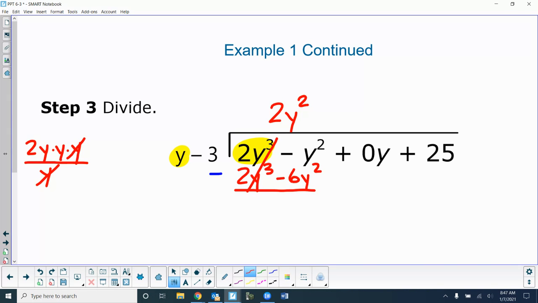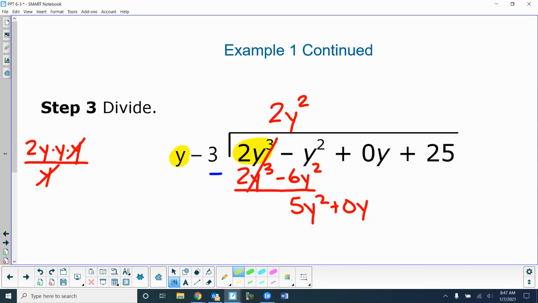What is negative 1y squared minus a negative 6y squared? 5y squared. We're going to add the 6y squared, right? Minus a negative is addition. Okay, what am I supposed to do now? Bring down the 0y. Right, bring down the next term. Now I start over.